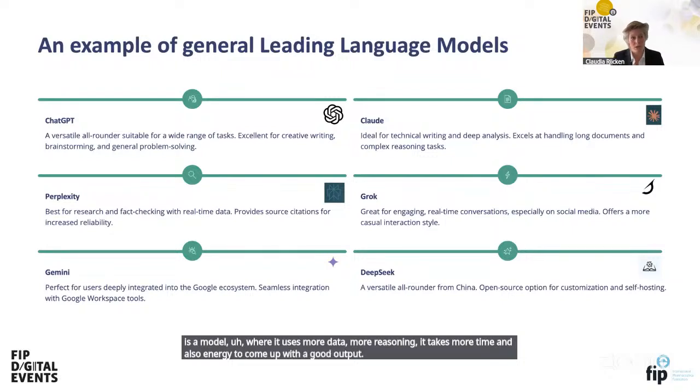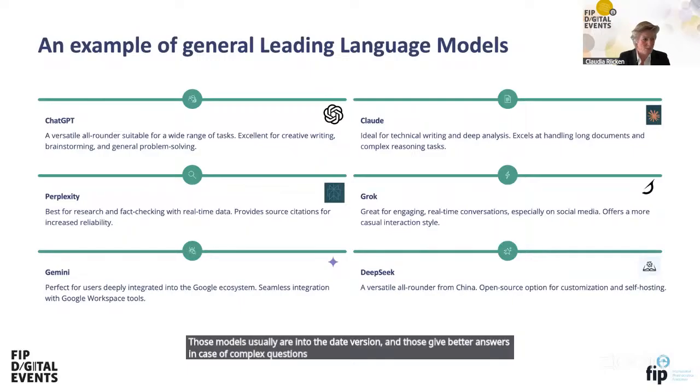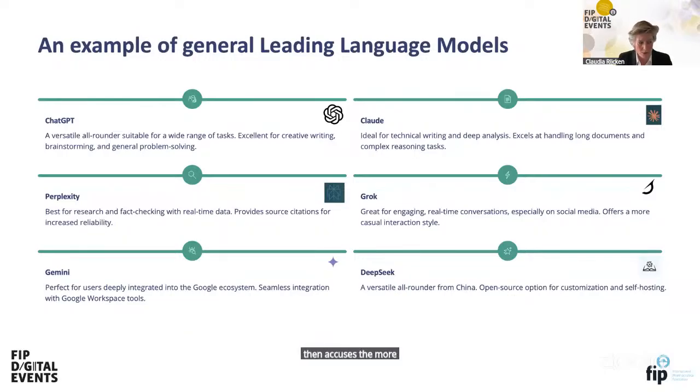Those models are usually in the paid version, and they give better answers in the case of complex questions, when you want to do a deep analysis, a research study, make a report, a competitive analysis. Then it uses the deep search model.